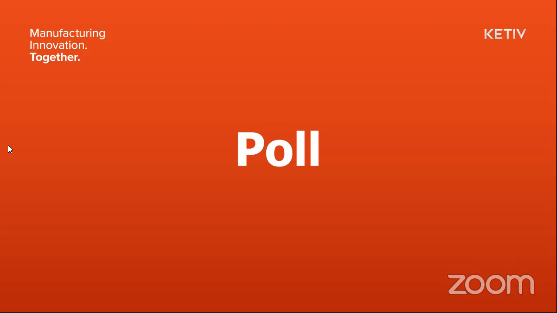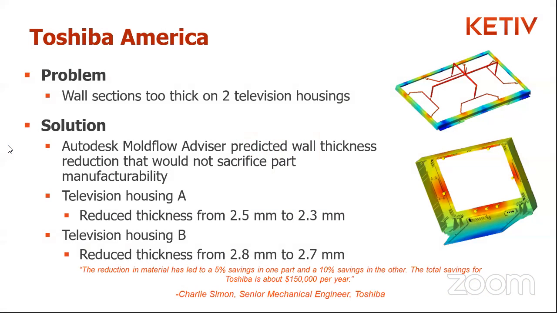Now, we've got a couple of really interesting case studies here, Brian. If you want to run through them real quick. Sure. These are just basic examples of what happens when you start thinking about using tools to optimize up front. Something as simple, as casual an environment as Moldflow Advisor was applied to these two housings to simply reduce wall thickness without impacting processing.